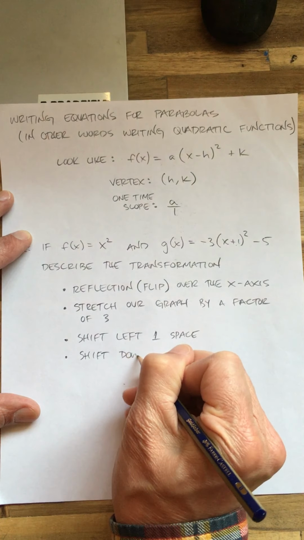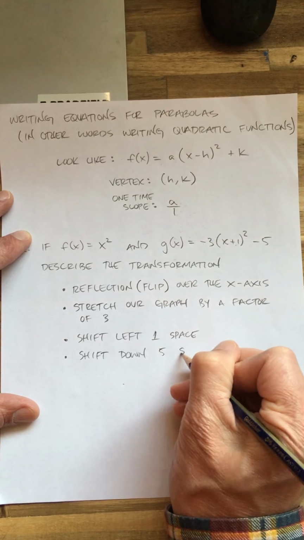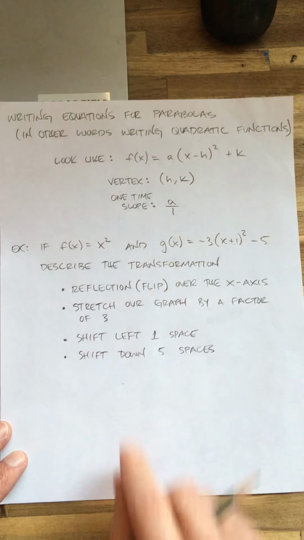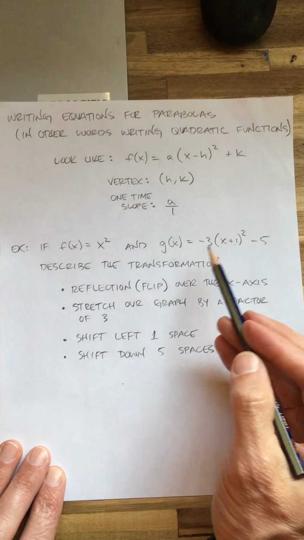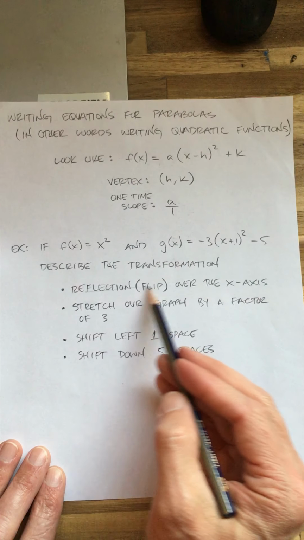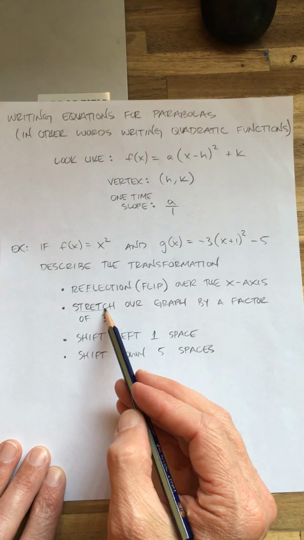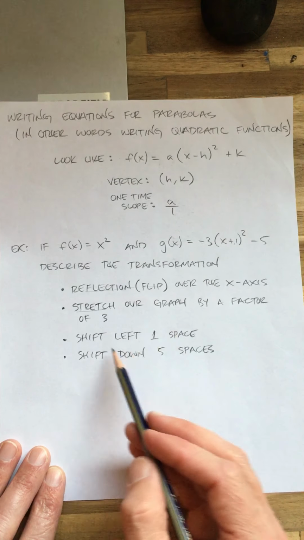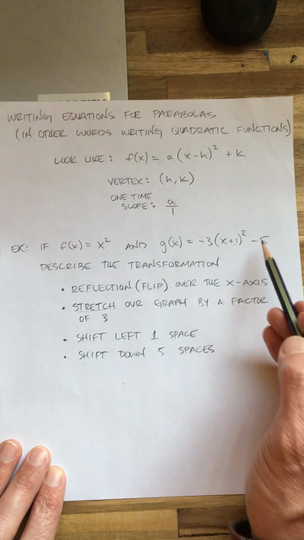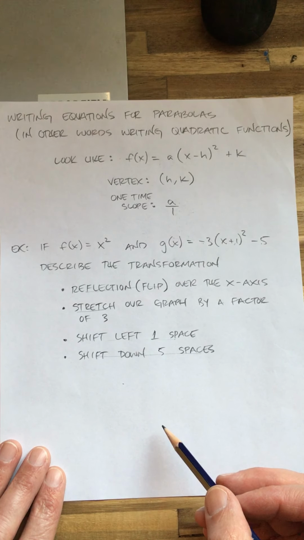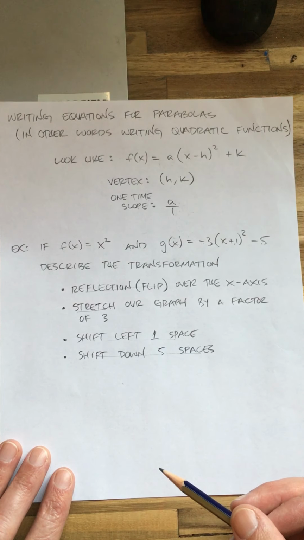That's right, down 5 spaces. So that's the transformation. Let's do it again. There's 4 things. The negative makes it flip. The 3 makes it stretch. The +1 makes it shift left once. And the -5 makes it shift down 5. And you're going to see that on your homework.